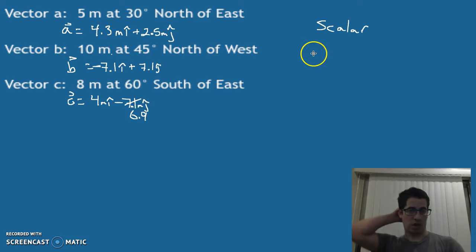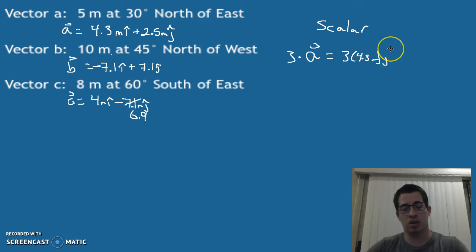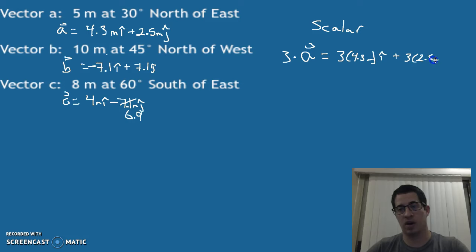And so if we want to scale vector A by 3, we can take vector A and multiply it by 3. So we would say 3 times 4.3 meters for the i direction, so we're just going to multiply each component times 3, and 3 times 2.5 for the j direction.